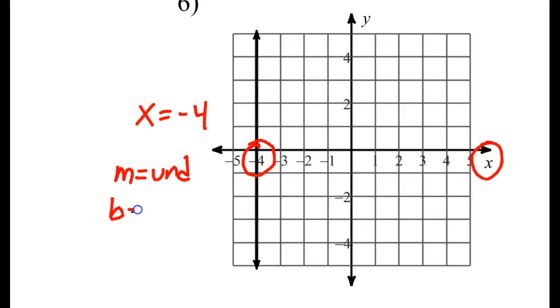And what is the y-intercept? There is none, right? So where does this line cross the y-axis? Where does this line and this line intersect? Where do they cross? Never, right? So this line will never cross this line, and that's why there is no y-intercept.